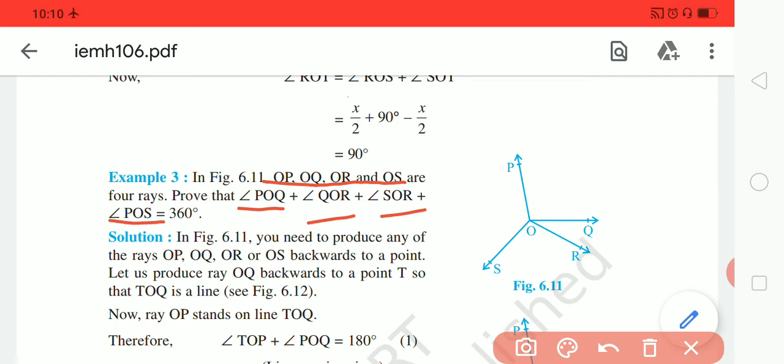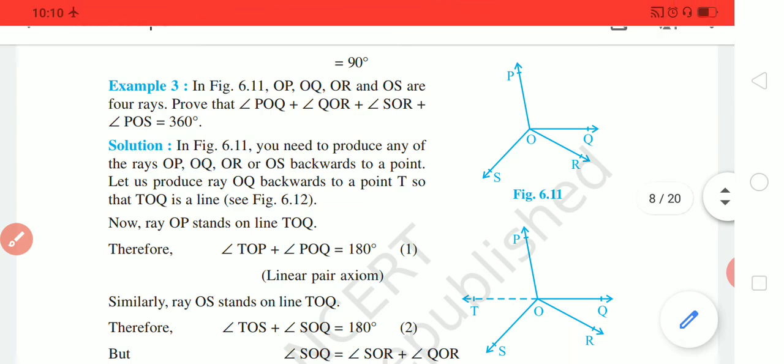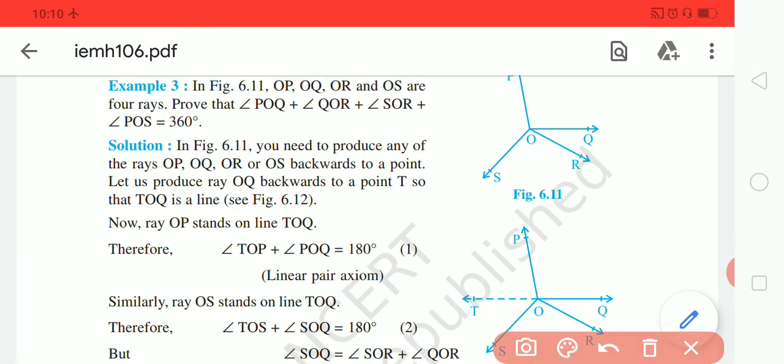So here if we assume that TOQ is the line and OQ is the ray, then these angles 1 and 2, when added, you will get 180 degrees.